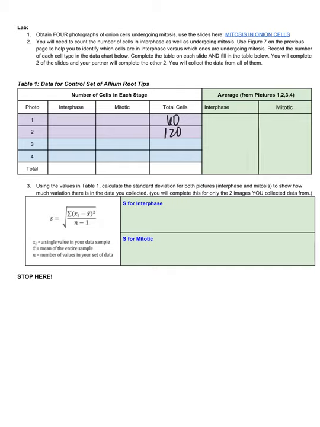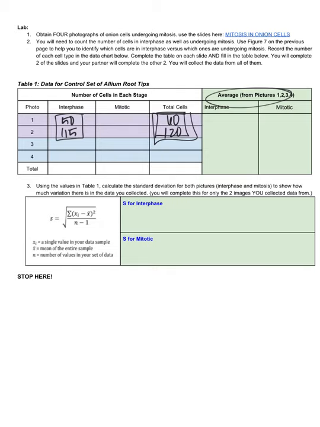When we're trying to find the average, if we use these numbers, let's say in interphase we had 50 out of 60 and 115 out of 120 going through interphase.